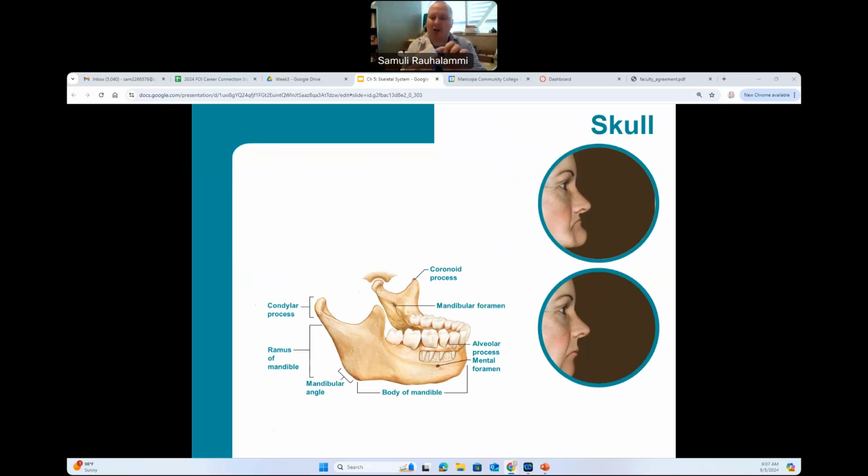In addition to that, we will have a mental foramina, which is for the nerves and blood vessels to run through the anterior chin aspect of the mandible. So quite a few different parts of the mandible, and I think that's really starting to show us the fact that just naming the bone is not quite enough for what we're trying to accomplish.